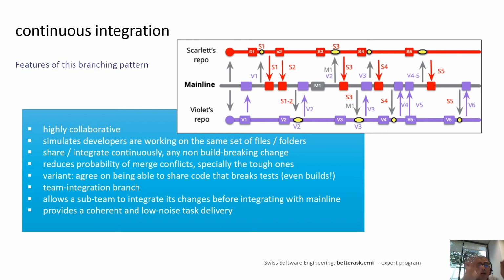Usually you will not do it, but you can agree on that. It can also be used as a team integration branch for integrating by subteams, and what happens is that it provides a very coherent and low noise task delivery.